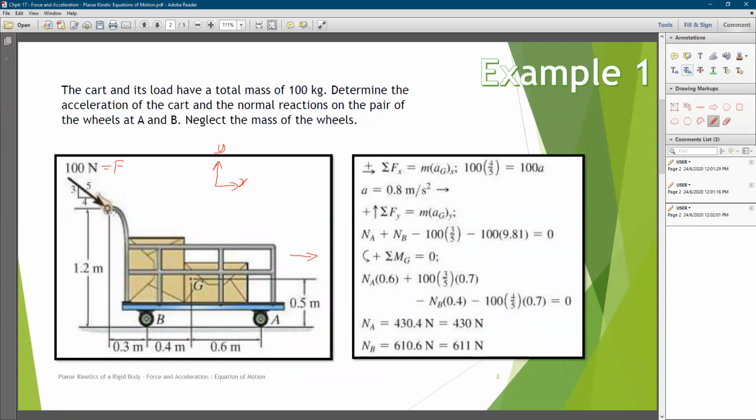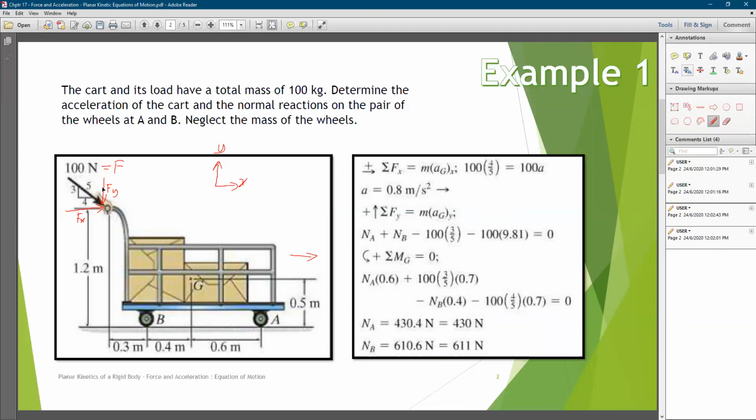In the X direction of the forces, we will see that the cart is going in this direction. Of course, the acceleration a_G here is not equal to 0. Since we know from this pushing force that it is going in that direction, the X component is here, and there will be another Fy going down.